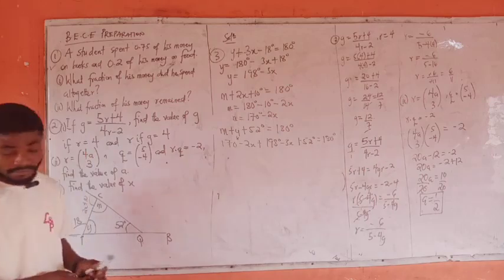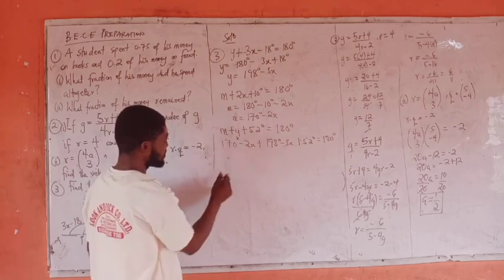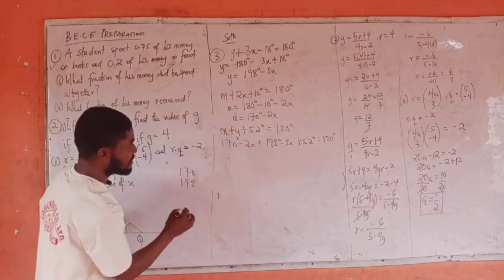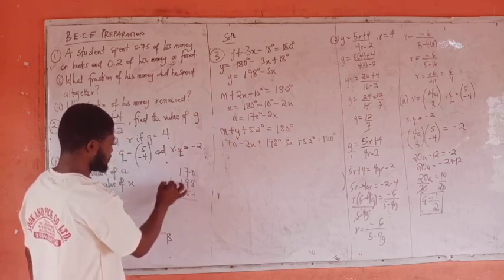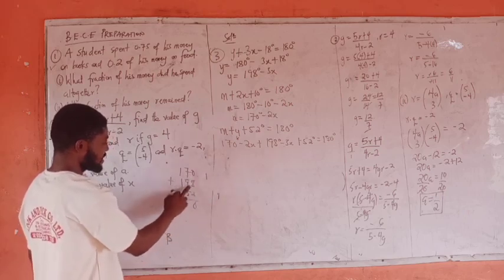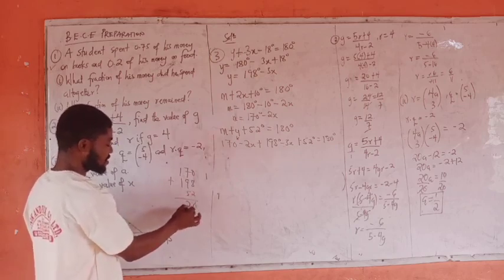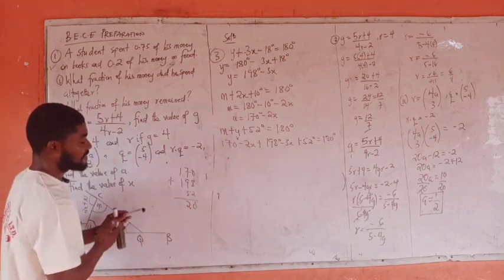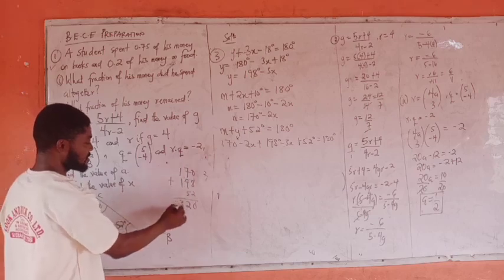This minus 5x, so this plus this, 170, 198, and then 52. That would be 420.